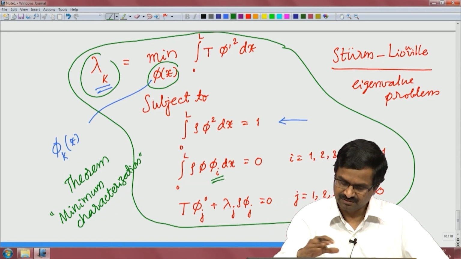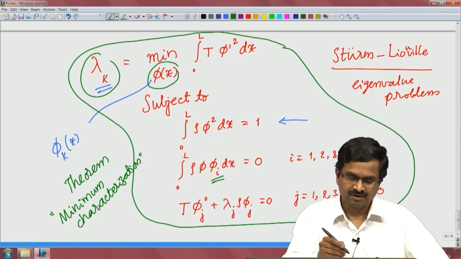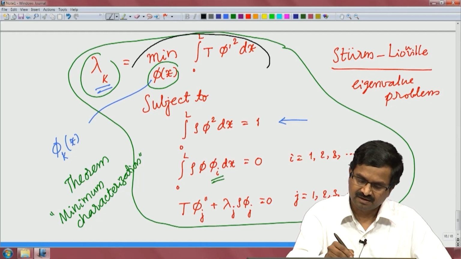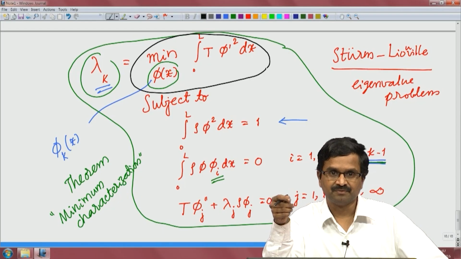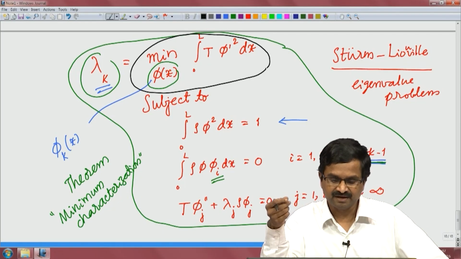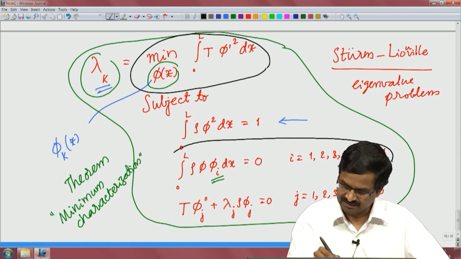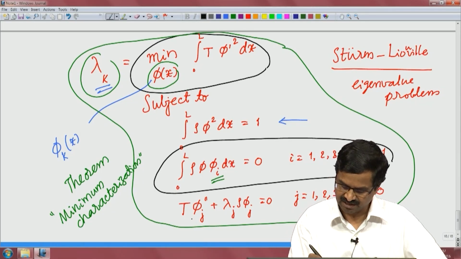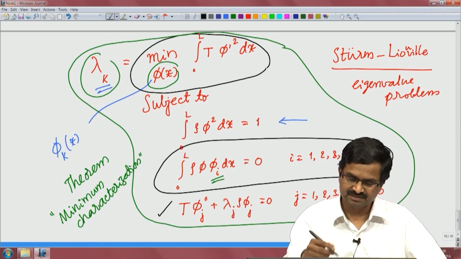When you do that, you can prove this theorem, and it is numerically very important, because we are able to define the kth eigenvalue. Okay. If you want to get the first eigenvalue, it becomes simple, because then we will not have these things. Yes, k minus 1, k equal to 1, none of them will be there. We will just have this eigenfunction relationship, and this we will be able to do.